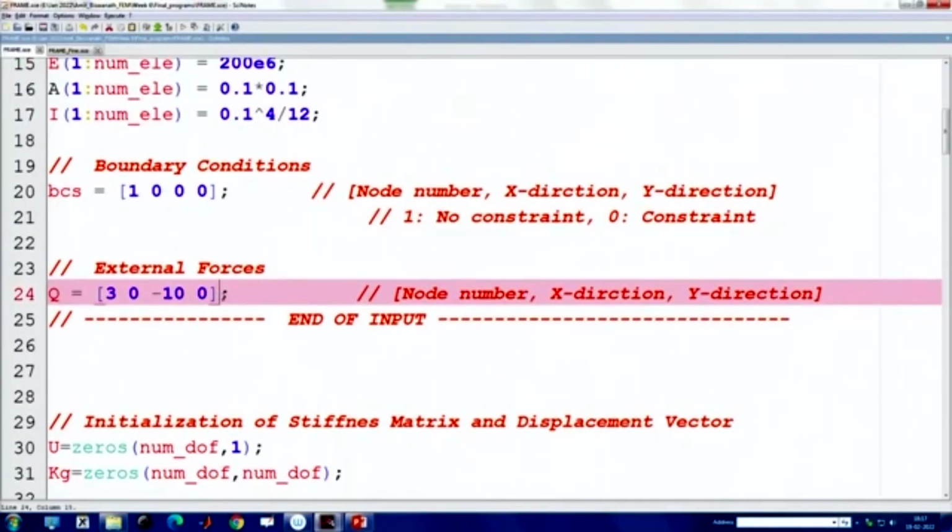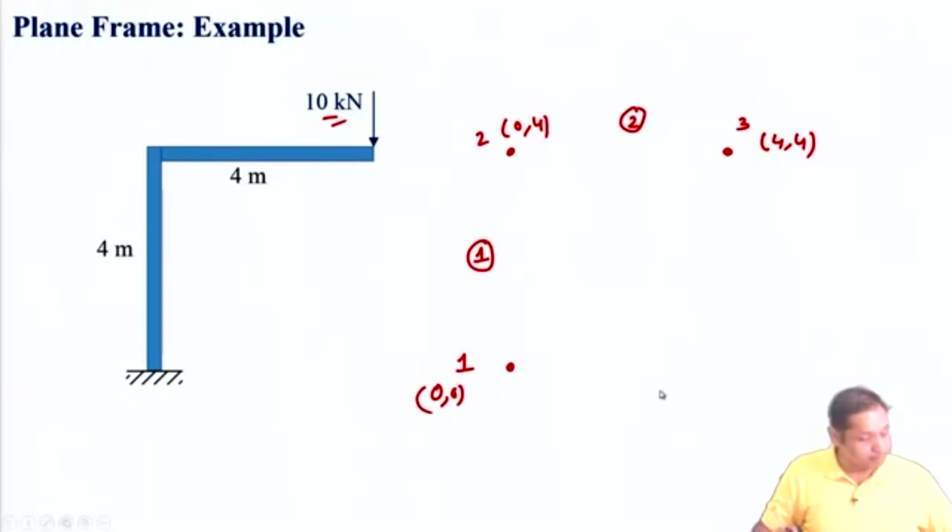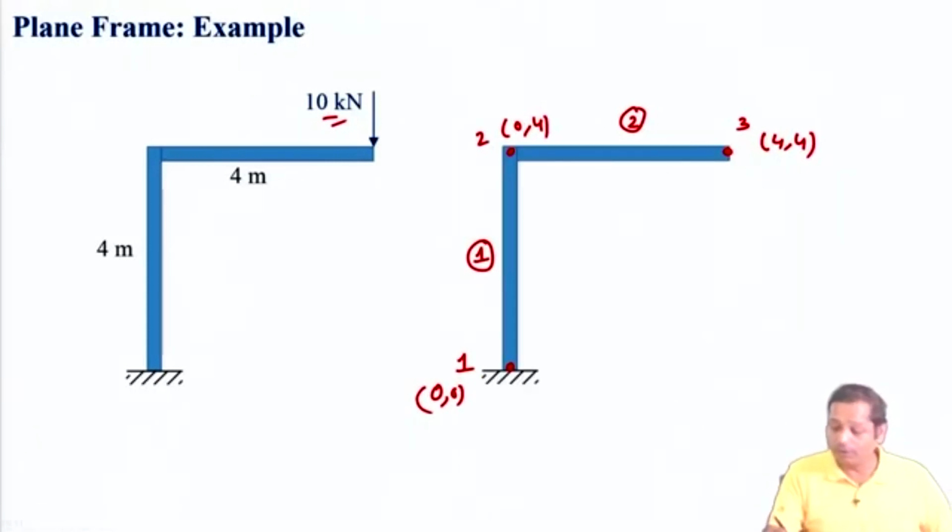Now this is the Q axial, the load we have. In this problem we do not have any distributed load, only a concentrated load at element number 3.